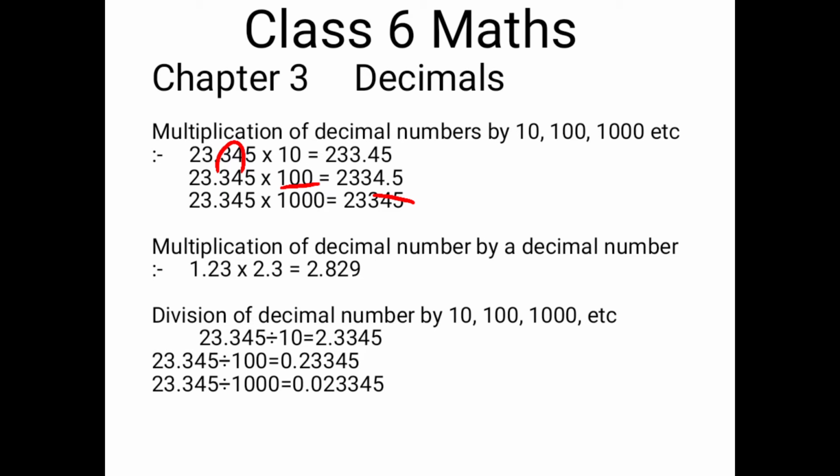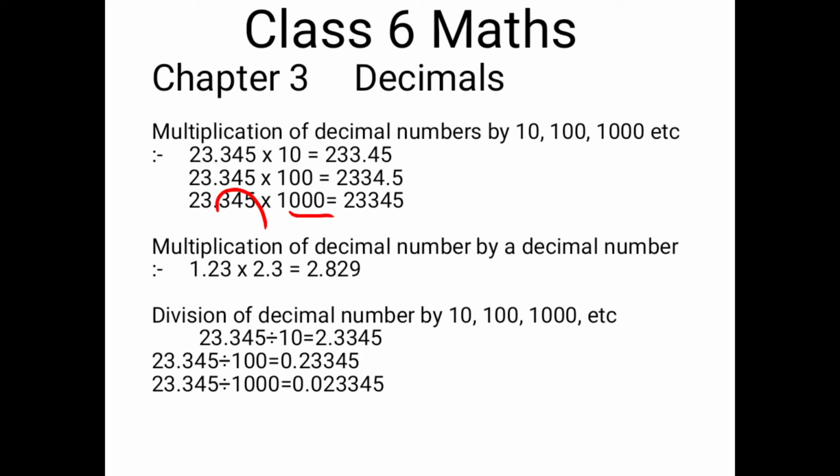Again, if we multiply the same number by 1000, we have three zeros, right? So the decimal point will move three steps after 5. If we put a decimal point here, it will be meaningless, so we're just removing the decimal point.